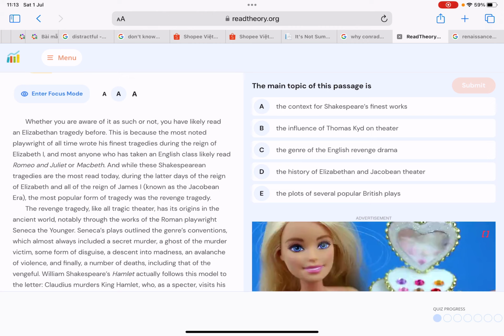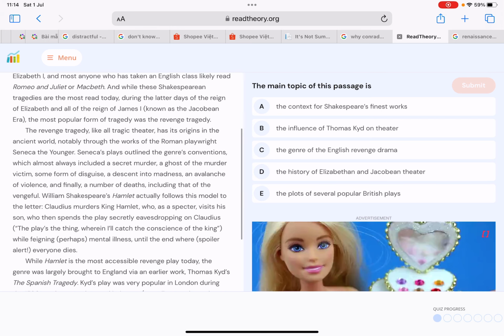And while these Shakespearean tragedies are the most read today, during the latter days of the reign of Elizabeth and all of the reign of James I, known as the Jacobean era, the most popular form of tragedy was the revenge tragedy.